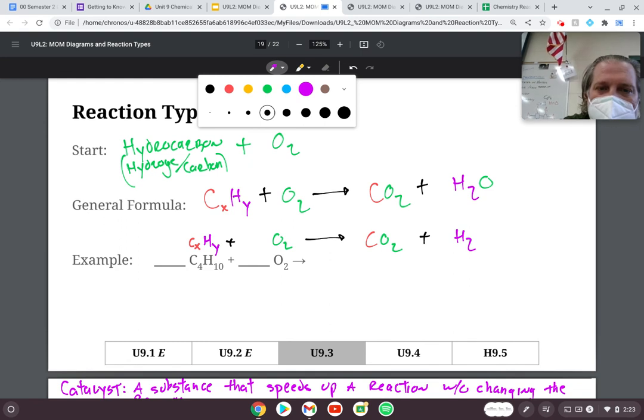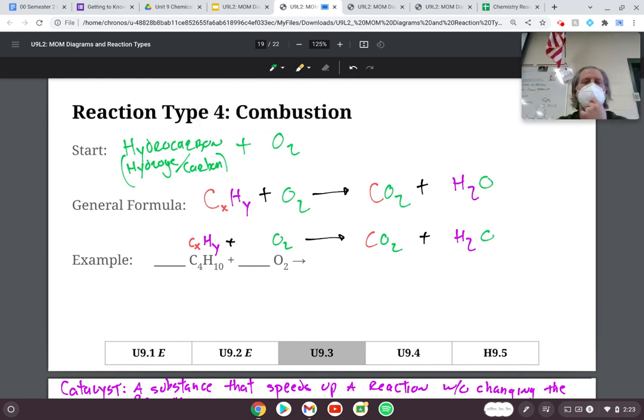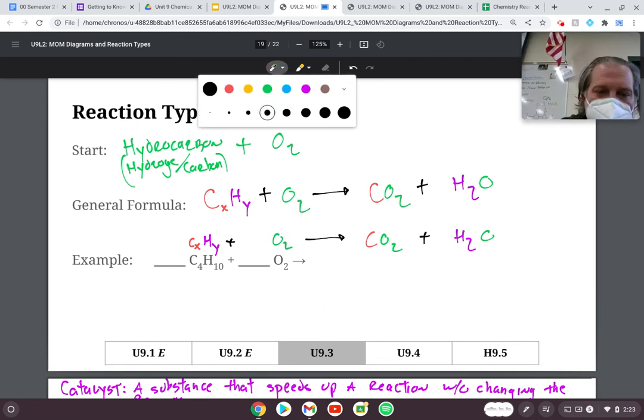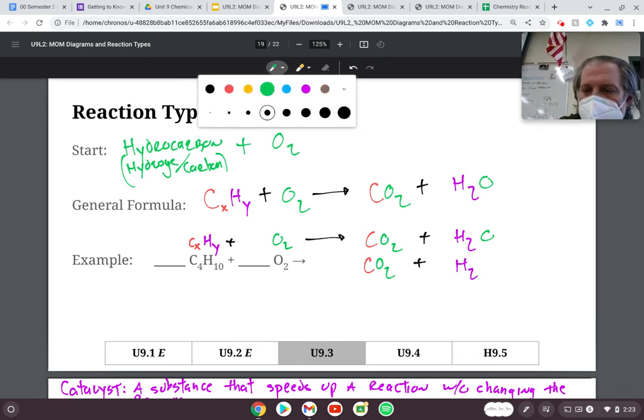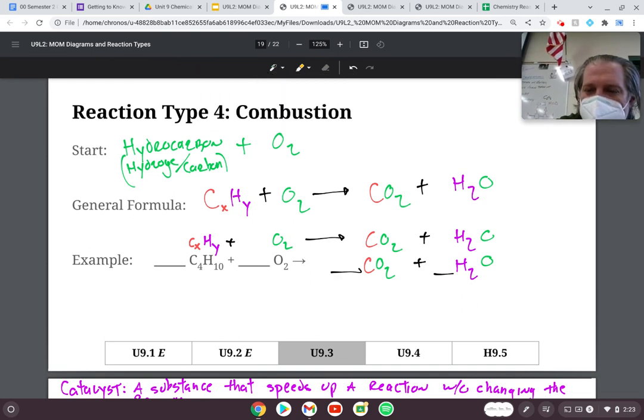Now, all that I'm going to do is line up the things on my product side that need to be there. So it should be no surprise that we are going to have CO2 as a product and water as a product. And because that is the situation, I need to still balance this. So I'm going to go and do that.